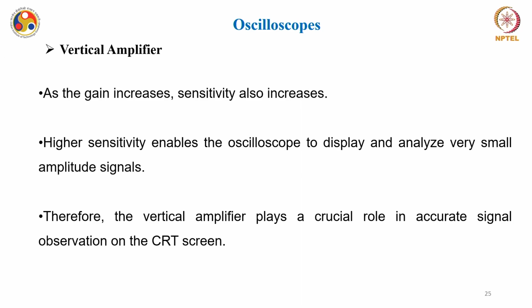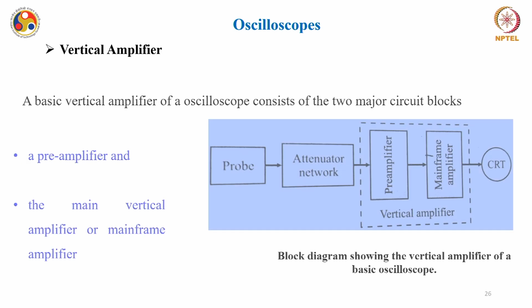When you increase the gain, the sensitivity also increases. Higher sensitivity enables the oscilloscope to display and analyze even small amplitude signals. Therefore, the vertical amplifier plays a very crucial role in accurate signal observation on a CRT screen.